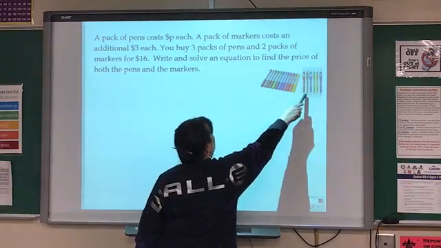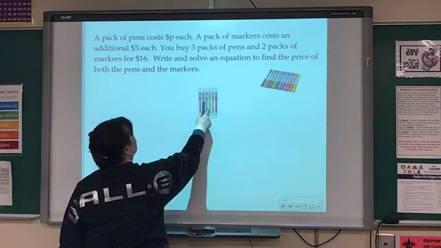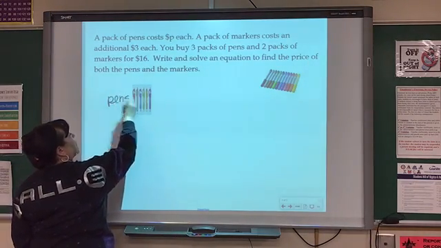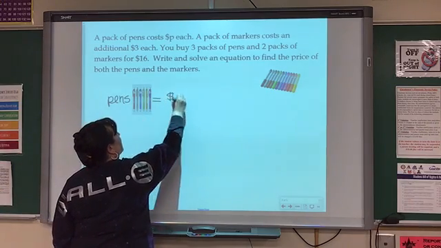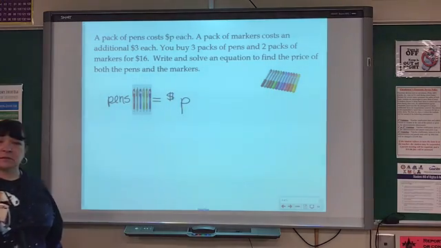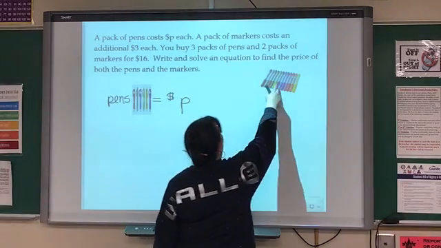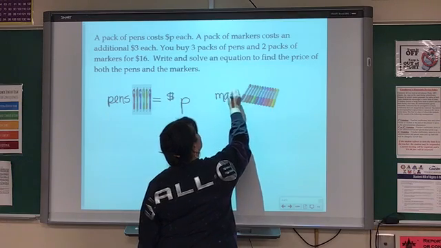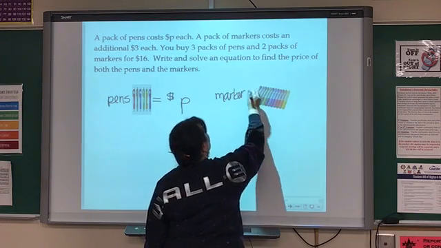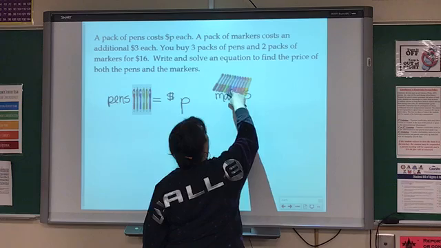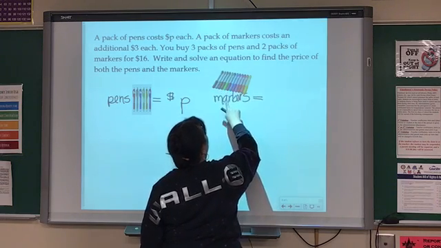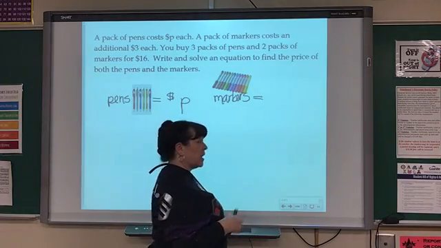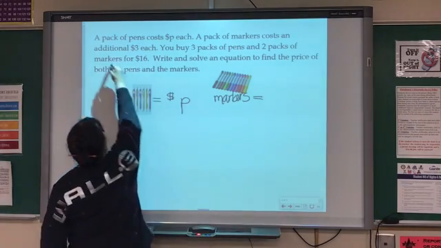So if I have a pack of pens, my pens are worth P dollars. And if I have a pack of markers, my markers, it says, are going to be equal to an additional $3.